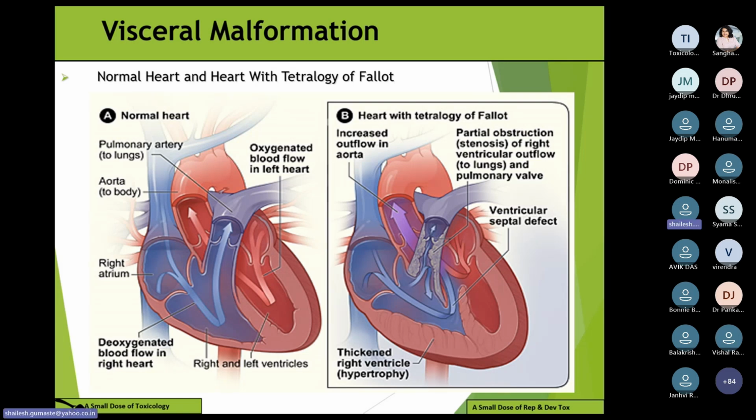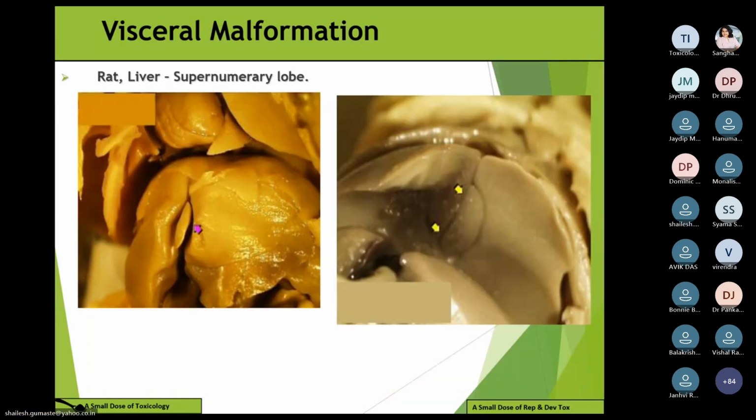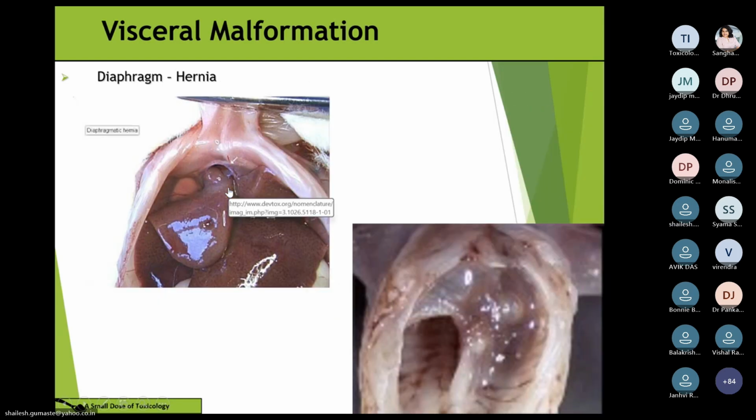What are the long-term complications? Potential complications include arrhythmias, heart failure, and pulmonary regurgitation. This is a variation: supernumerary lobes in the liver, an extra lobe. Then diaphragmatic hernia.